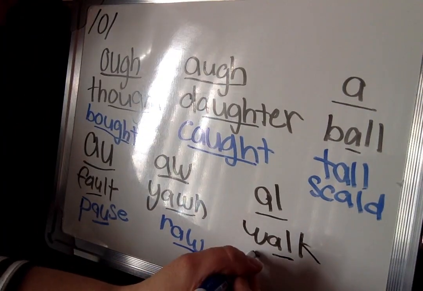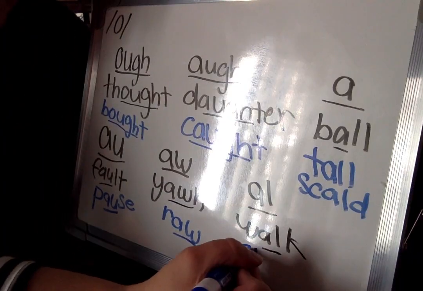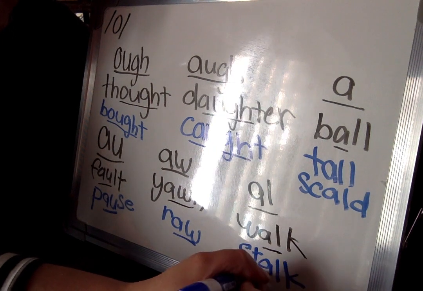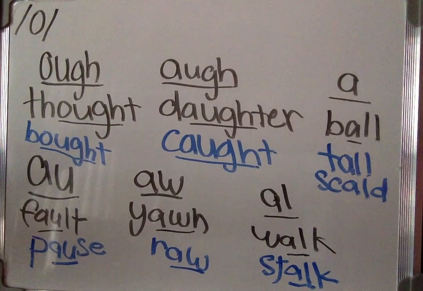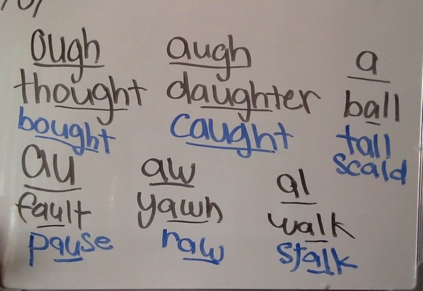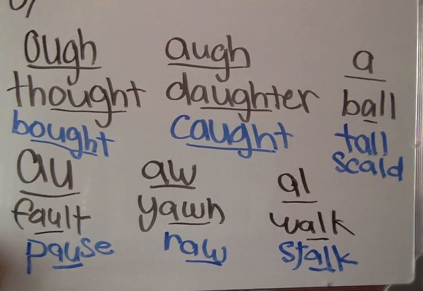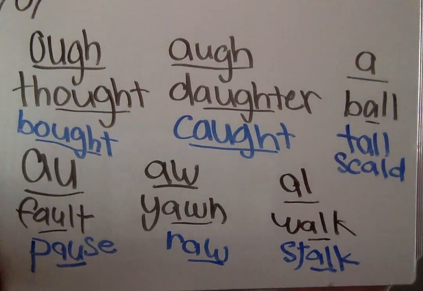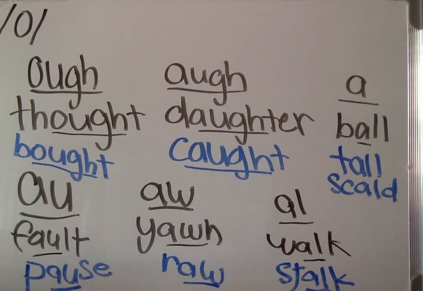And one more example for A-L would be stalk, like a corn stalk. Okay, so these are all examples of different spellings that we can have that make that short O sound of "ah."